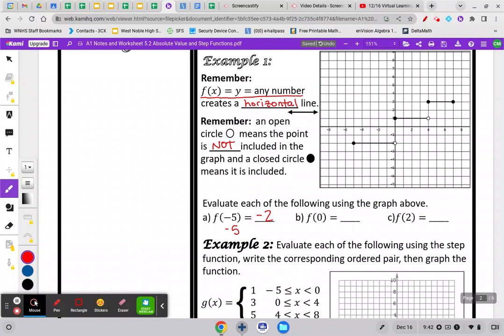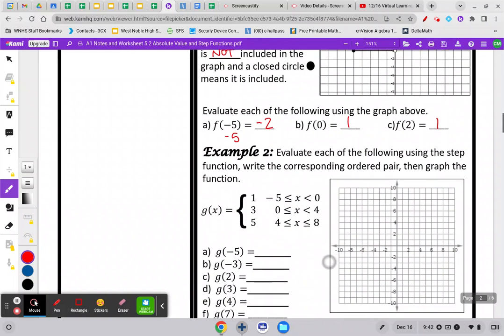Now we go for x is 0, and we see that y is at 1. Then we go over where x is 2, and we see that y is still at 1. So guys, you're just evaluating, you're finding how far over you are going, and then seeing where that line is for the y values.